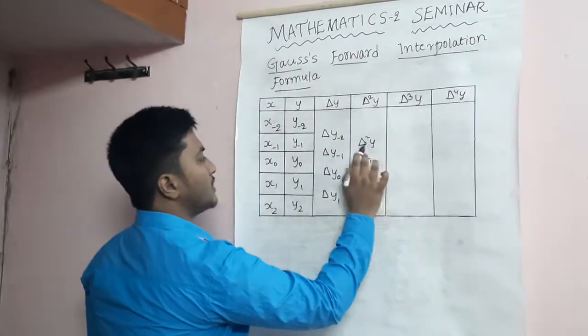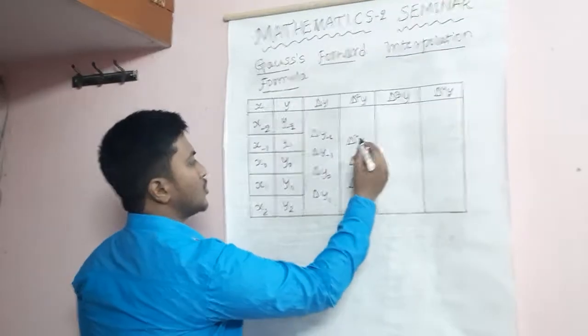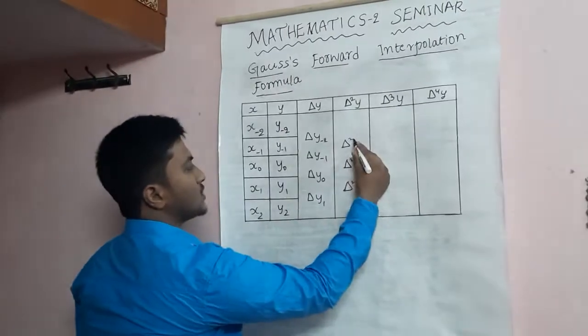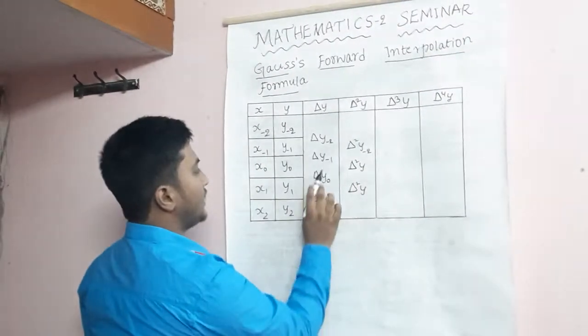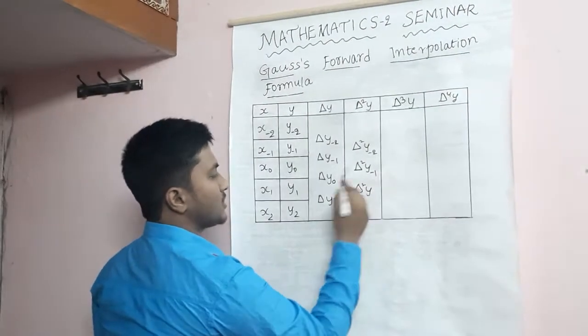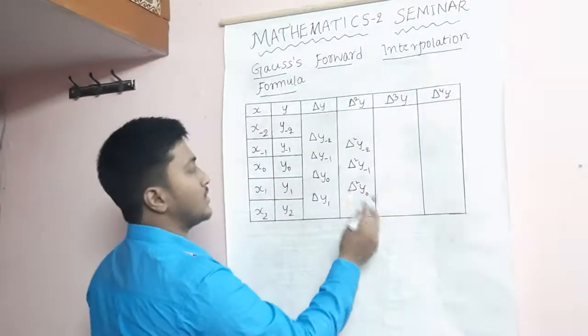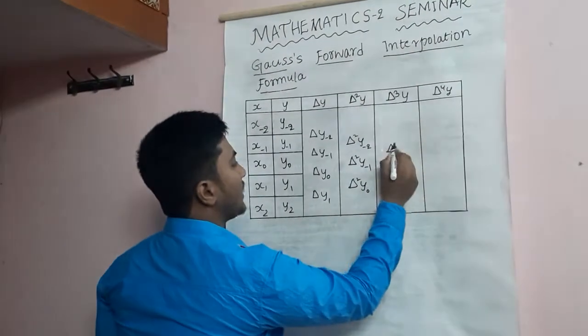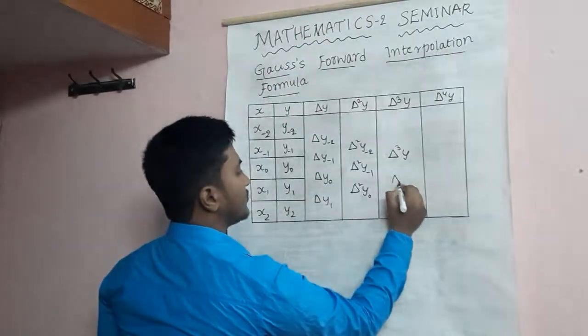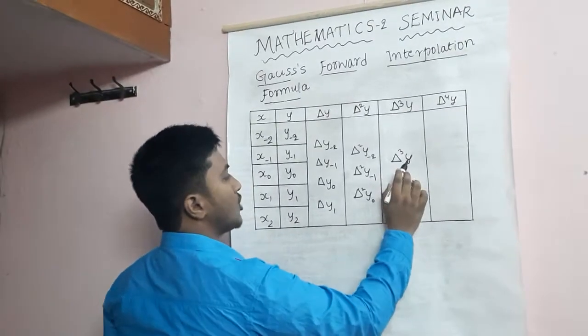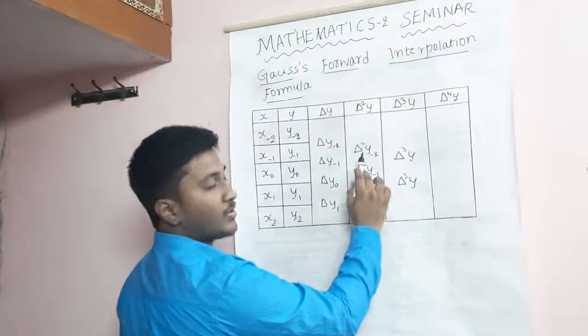This is obtained by subtracting this one from this one. So this is delta square y suffix minus 2, this one delta square y suffix minus 1, and delta square y naught. These are the second differences, and the third differences are delta cube y. This is obtained by subtracting this one from this one.